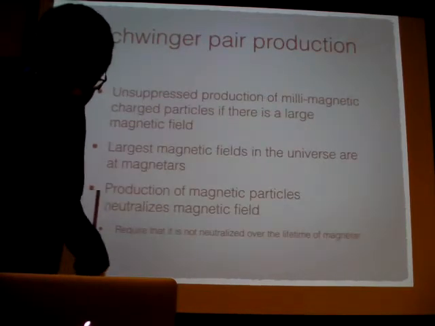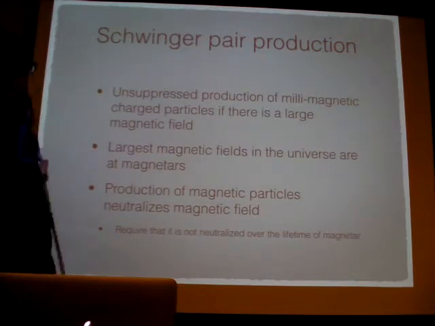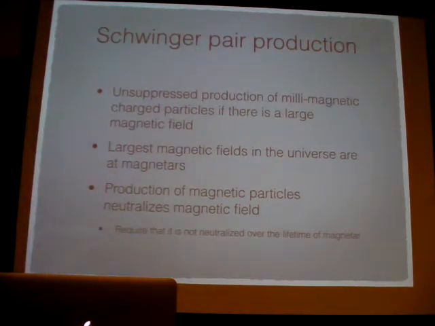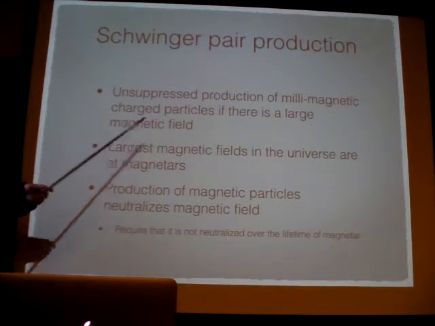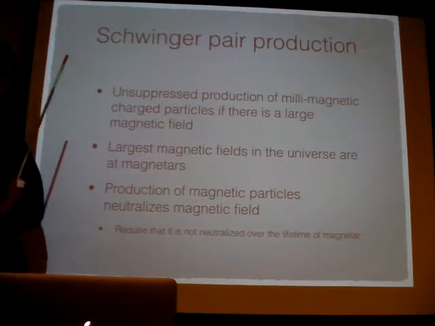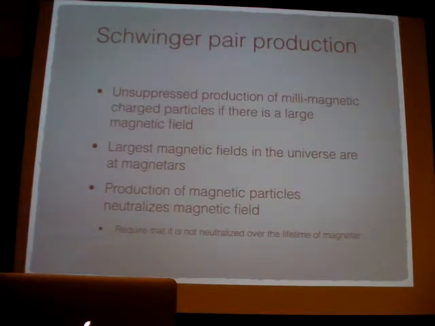Okay. So, Schwinger pair production means you can give a large production of these millicharged magnetically charged particles if there's a large magnetic field. So just like the Parker bound looked for the magnetic field of the galaxy, let's just look for the strongest magnetic fields we know of. Their very existence will constrain these particles.